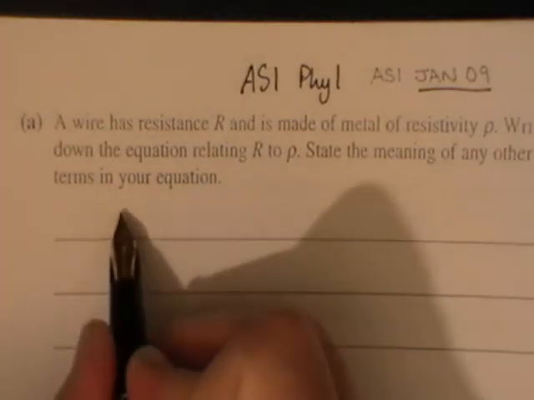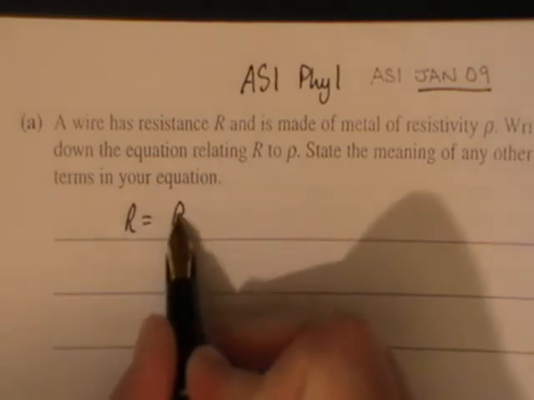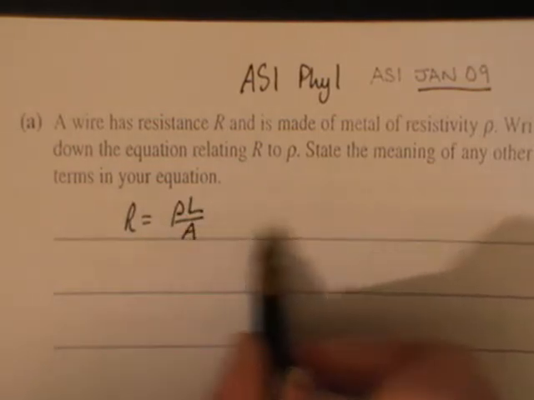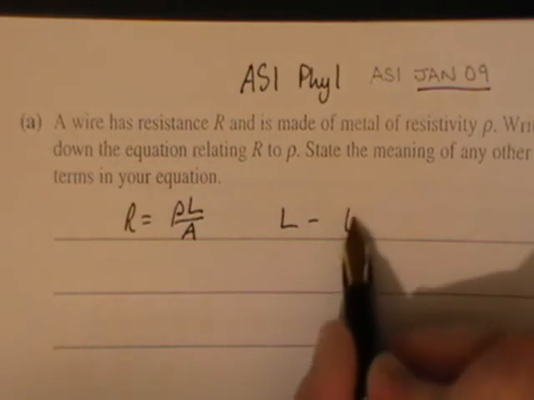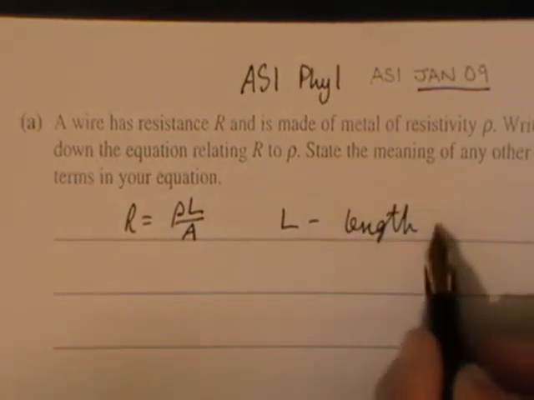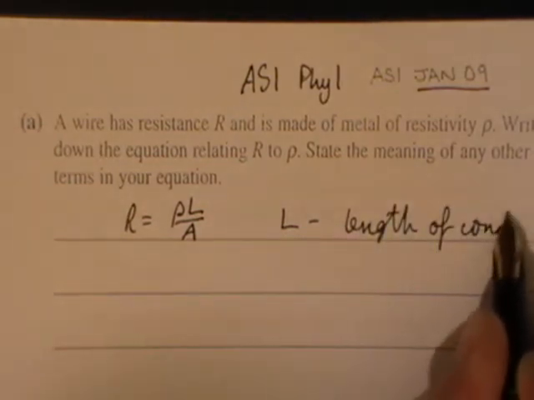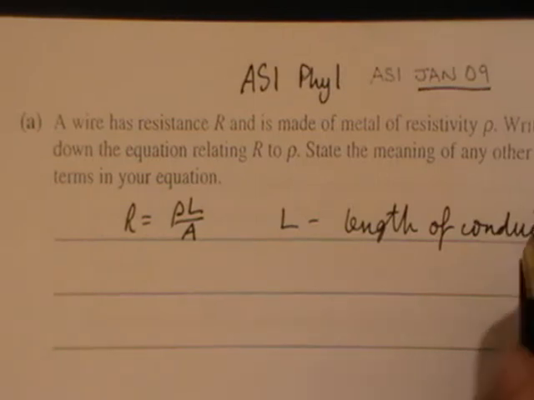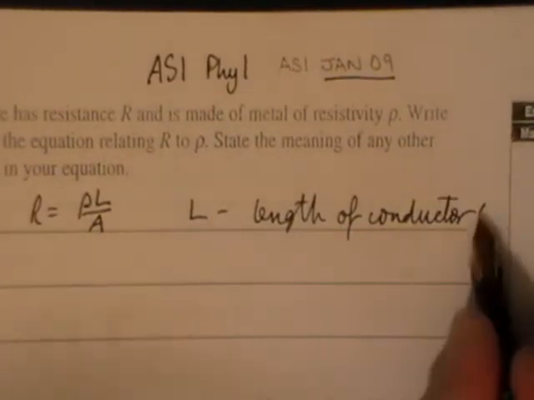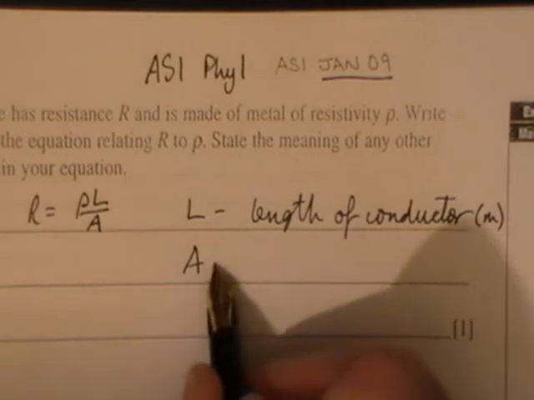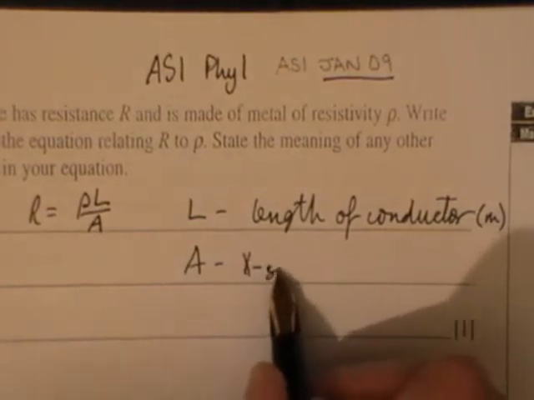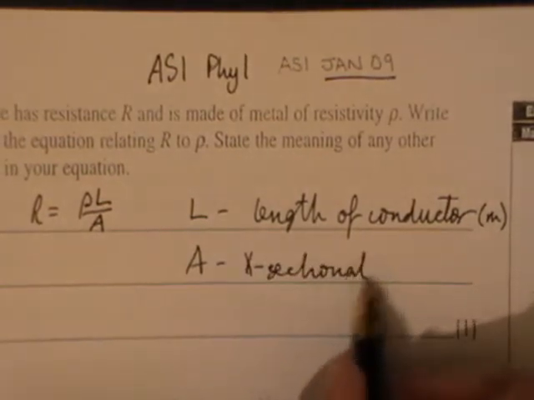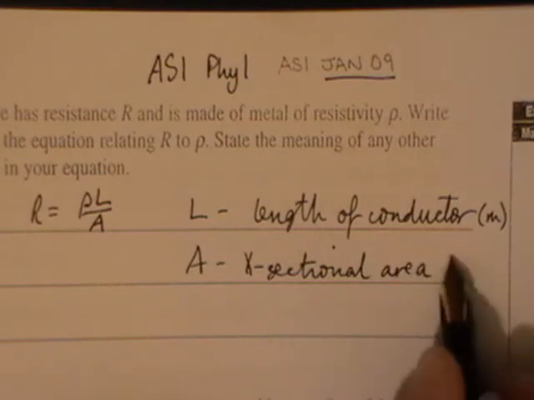So R, the resistance, is equal to rho times L over A, where L is the length of the conductor, and that would be in meters, and A is the cross-sectional area in meters squared.